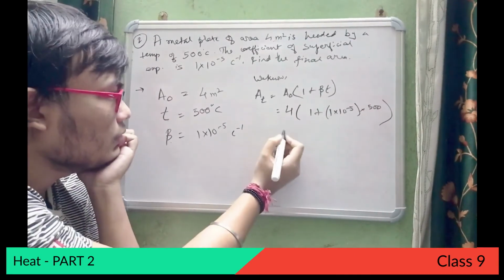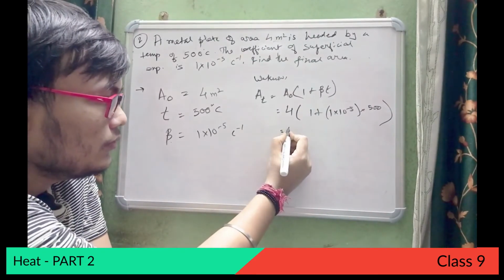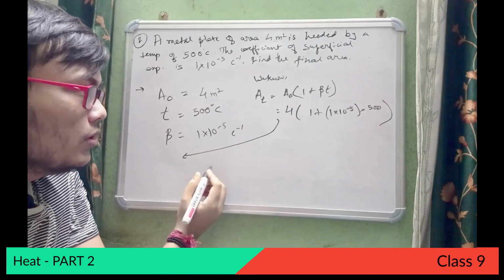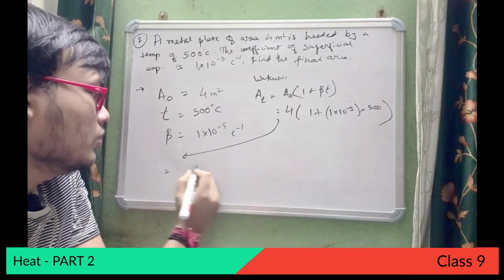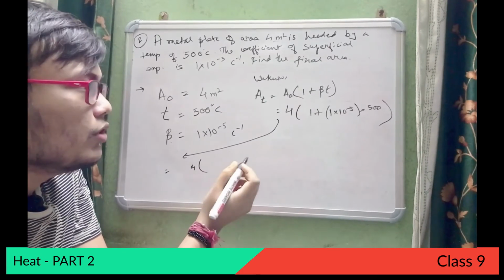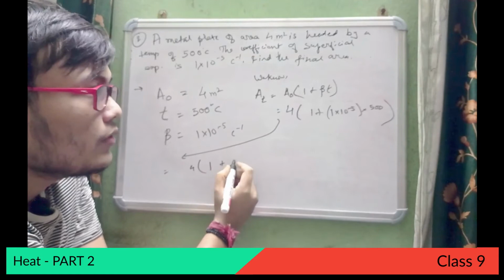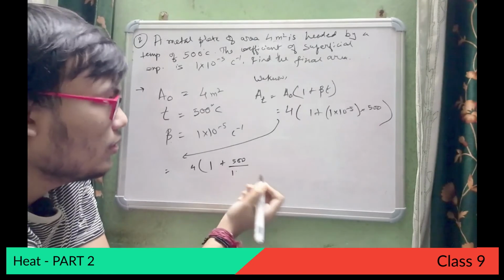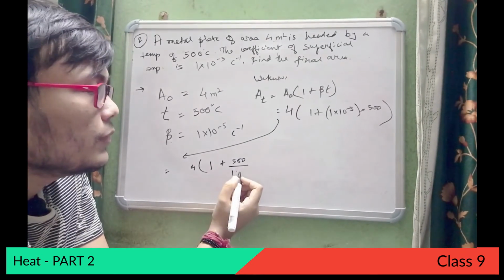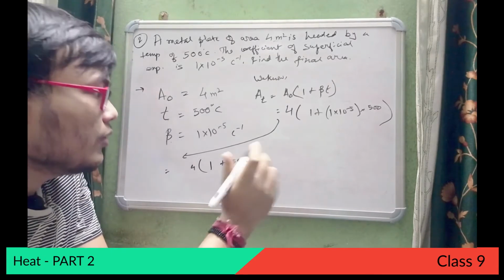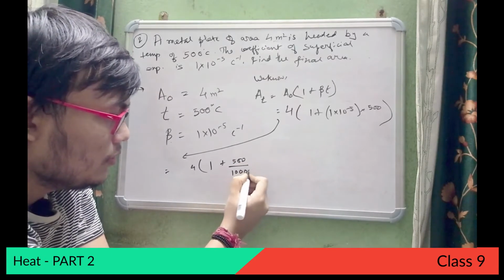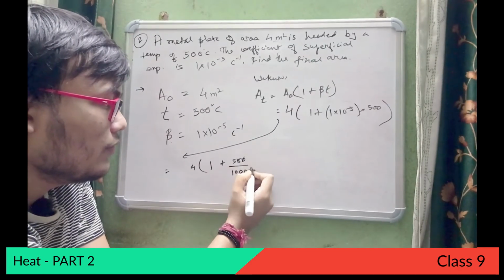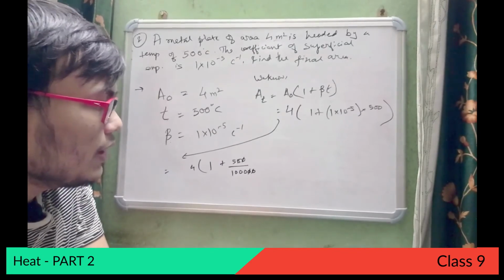I'll make the calculation a bit short. Beta T is 10 to the power minus 5 into 500, and the zeros cancel, so it becomes 5 by 1000.